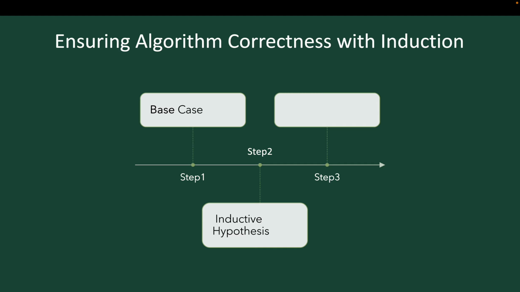Then we assume what the correct output will be for, for example, k inputs, and we call it the inductive hypothesis. And in step 3, we try to prove the desired output for k plus 1 inputs, and we call it the inductive step.